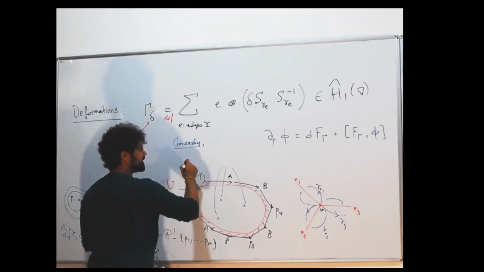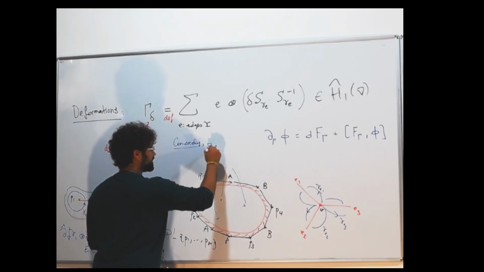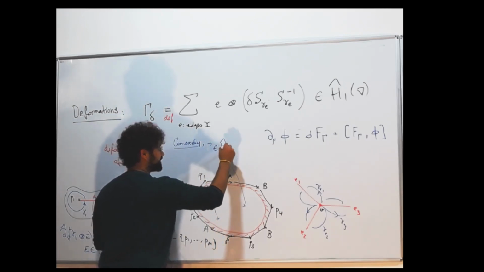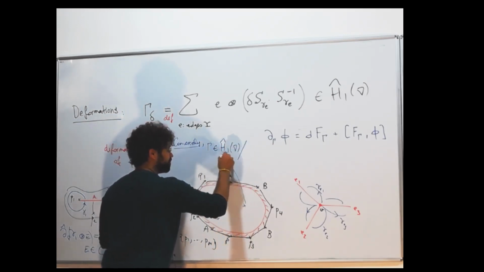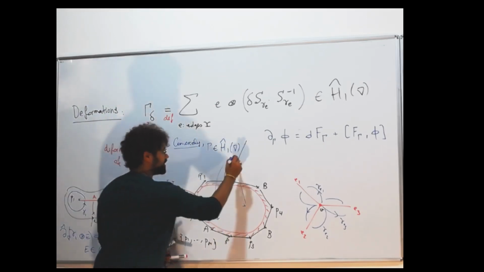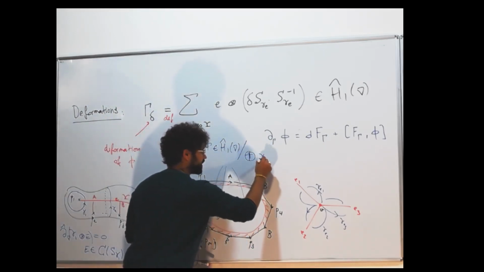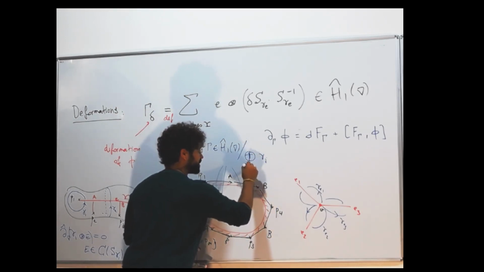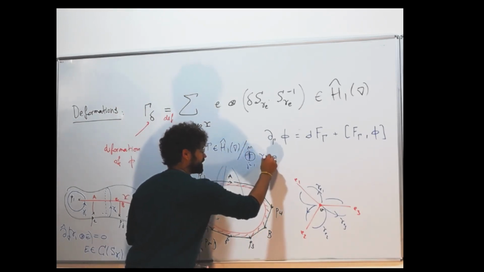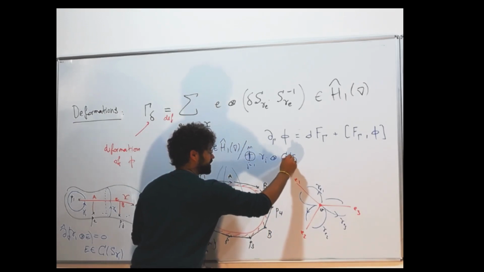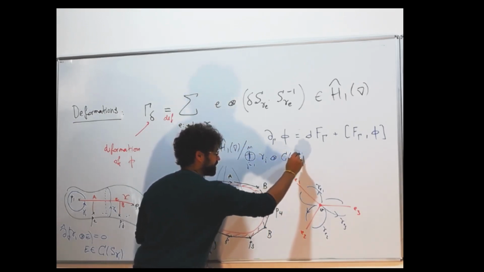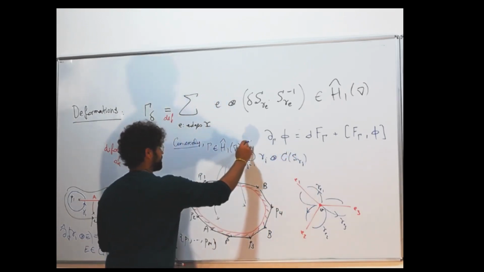So conversely, if gamma is in h1 hat of nabla mod the direct sum of the gamma j's from j equals 1 to m tensor the centralizer of the monodromy around gamma j. Okay.